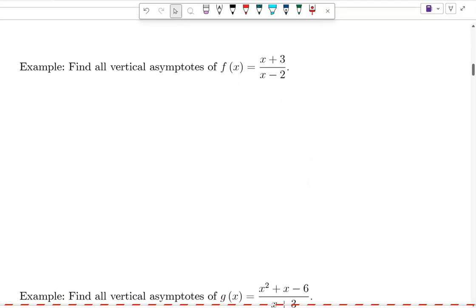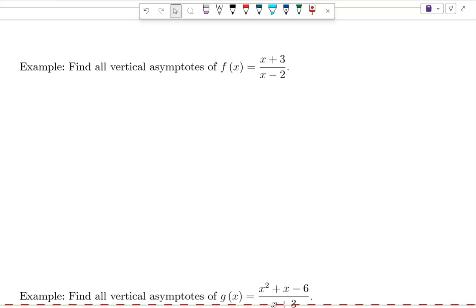So let's look at this one, where it asks you to find all vertical asymptotes of the function (x + 3)/(x - 2). Where do you see a domain issue? What number can you not plug in for x? 2, right?